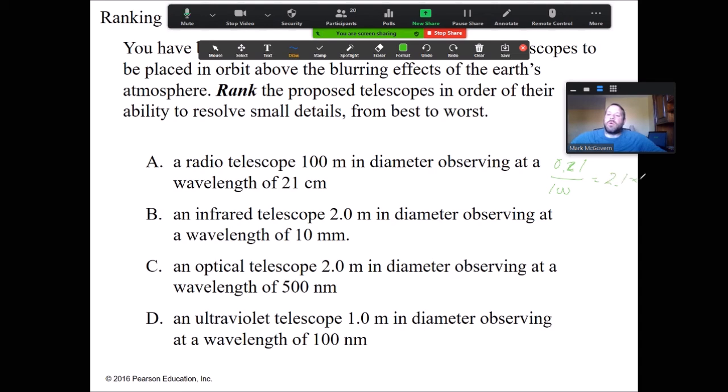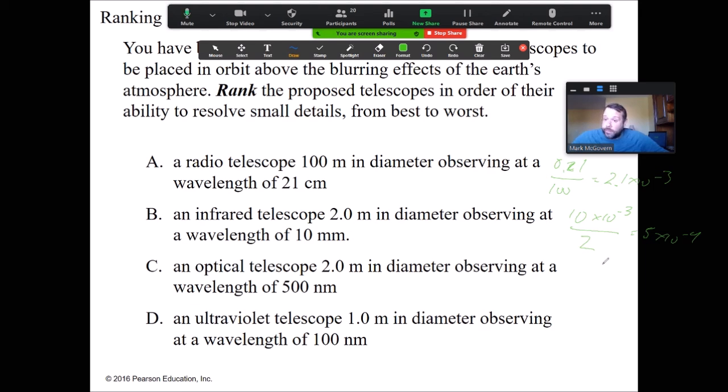It's 2.1 times 10 to the minus 3. All right, fine. Infrared, 10 millimeters. That's quite long, actually. Over 2. What's this going to give us here? 5 times 10 to the minus 4.